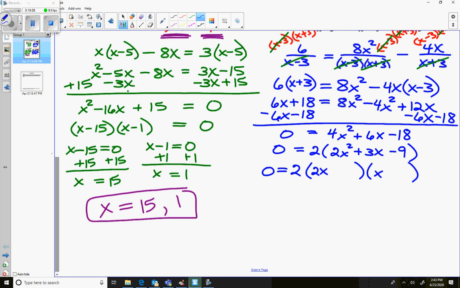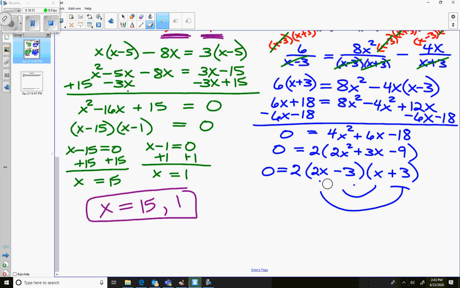Two x and 1x is the only possibility for that. Plus 3, minus 3. Let's see, minus 3 times plus 3 would be a minus 9, but that would give me a plus 6x and a minus 3x, which is a plus 3x. So, yes, that works.